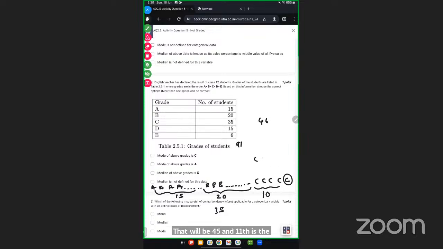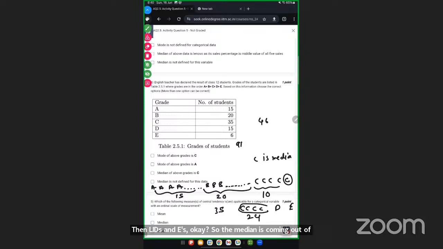C is the median. Then later on I'll go on with C more, 11. 35 minus 11 is 24. Then I'll write D's and E's. So the median is coming out to be C.